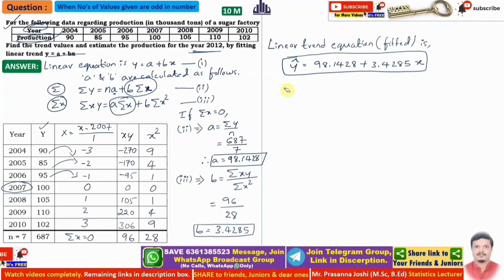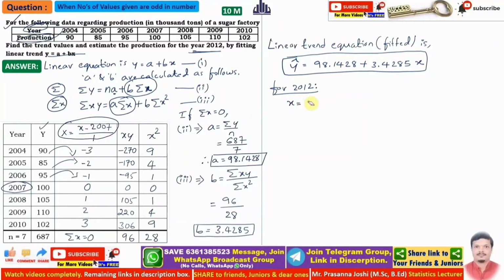So for 2012, x is equal to, because all these years we have transformed using this particular equation, for 2012 whenever estimation has to happen, again we have to use this transformation: x is equal to 2012 minus 2007 divided by 1.